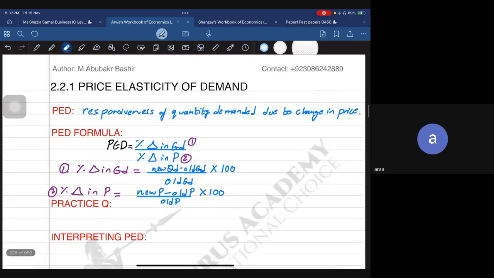Let me just make it where you can easily see. So here we have the price and the quantity demanded.